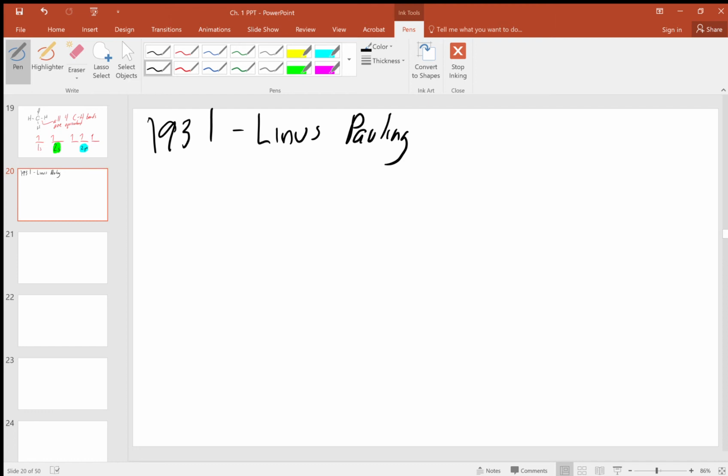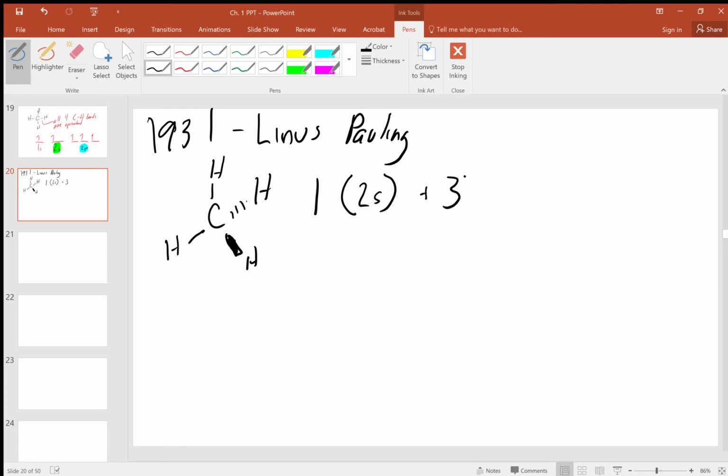But what does hybridization propose? Well, for a molecule such as methane, and hopefully we remember our bond geometries, methane is tetrahedral. But what happens is that 2s orbital, there's one of those, it combines with the 3 2p orbitals.